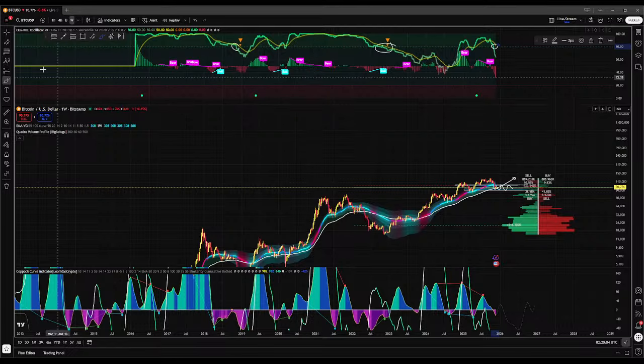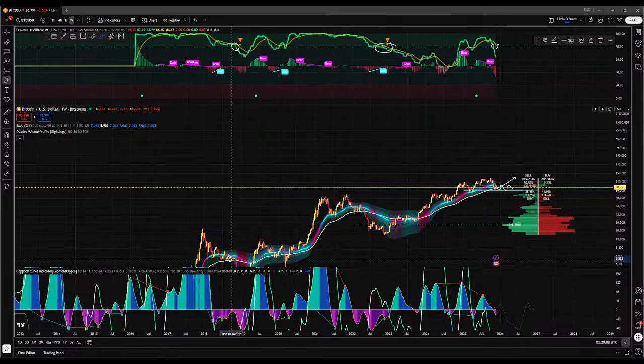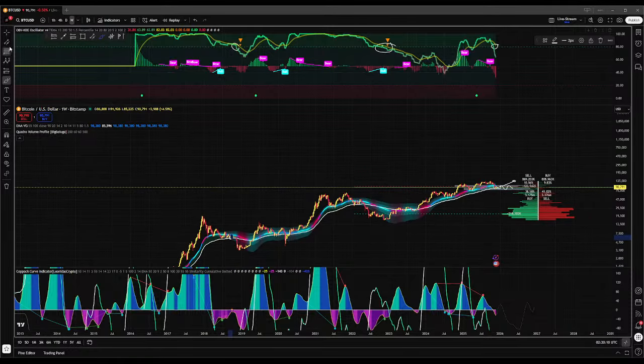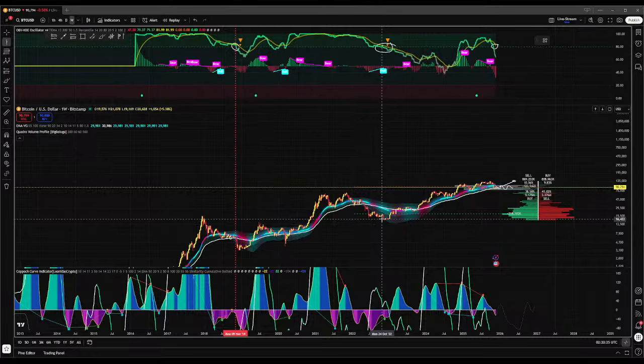Let me show you. We have sideways here, and after that a crash. Here, sideways and crash, and after that it was a little bit different. We already have the bottom here. This was very interesting.